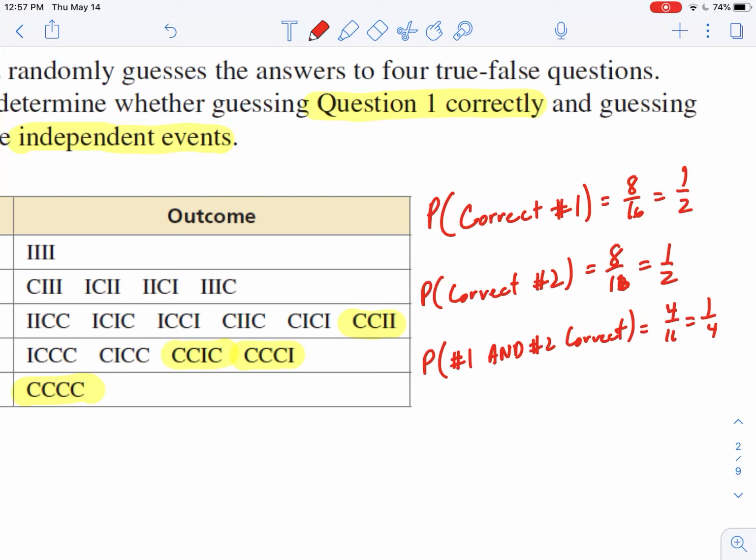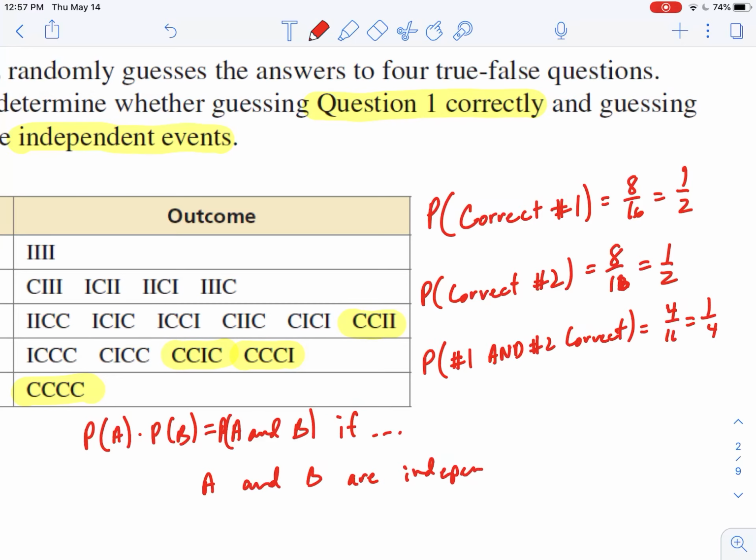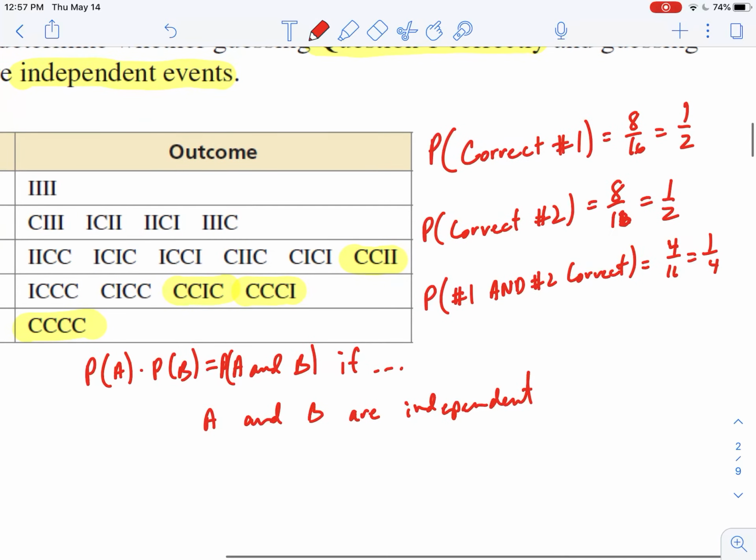Now, what's interesting here is that we know that the probability of A times the probability of B is equal to the probability of A and B if A and B are independent. So let's check this real quick. Do we know that 1/2 times 1/2, well, that's 1/4.